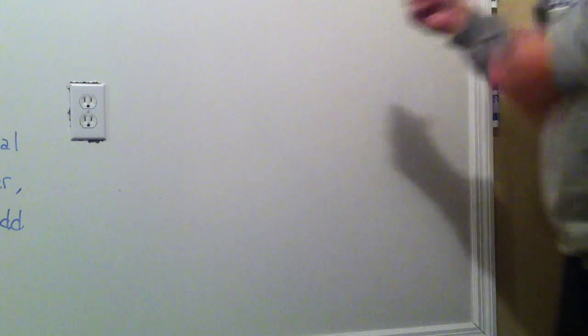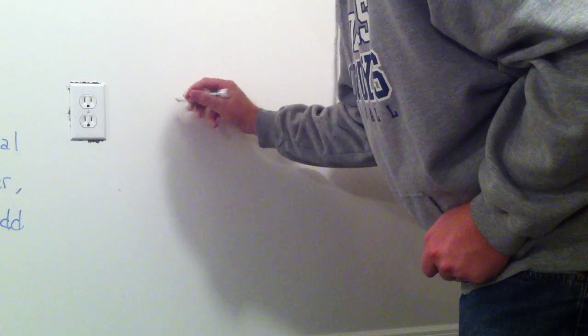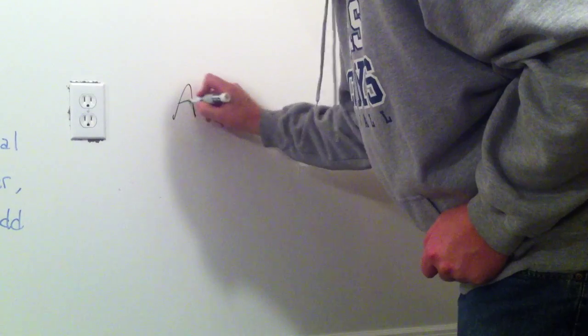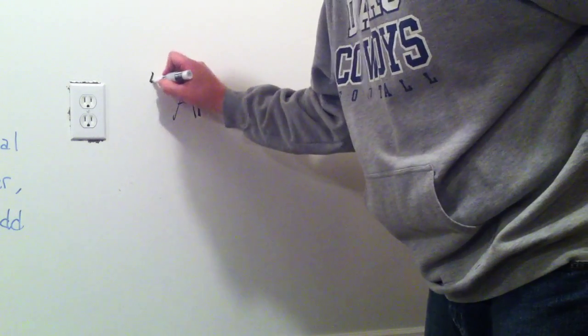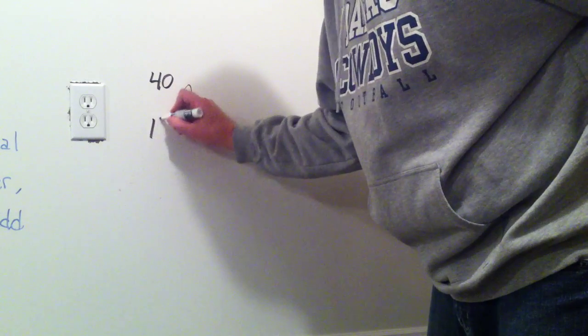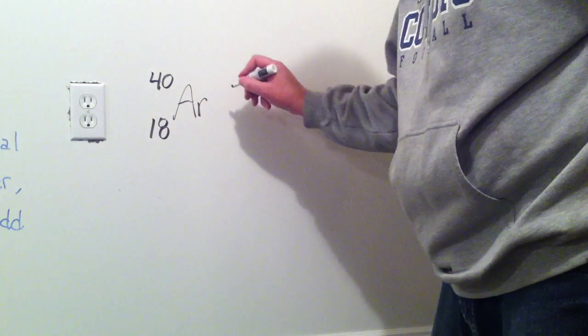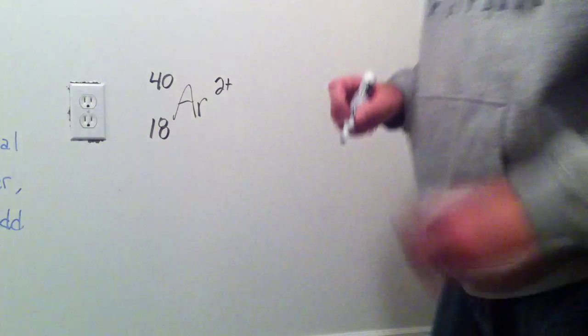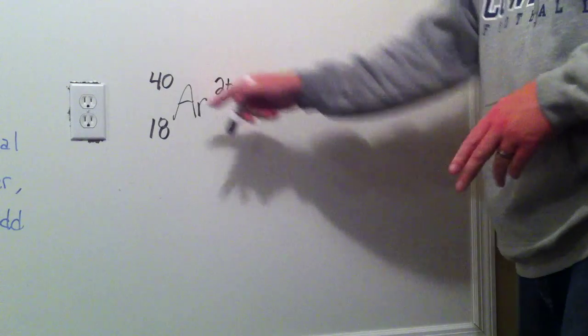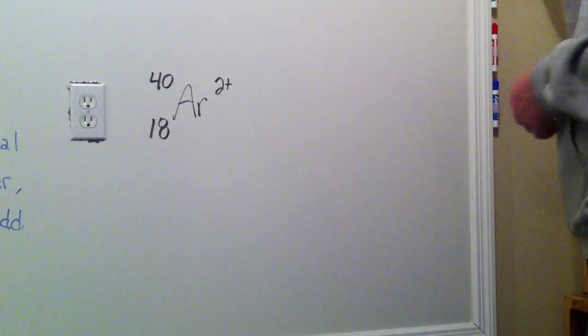So argon, we're going to say that its atomic mass is 40, its atomic number is 18, and we're going to give it a charge of 2 positive. Now I'm not going to label everything again, just because you should already know how to do that.